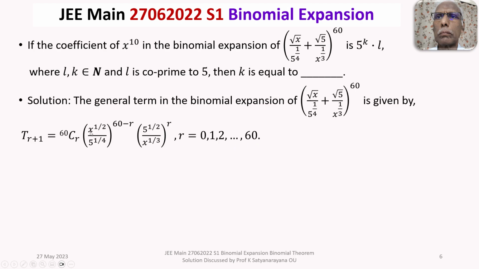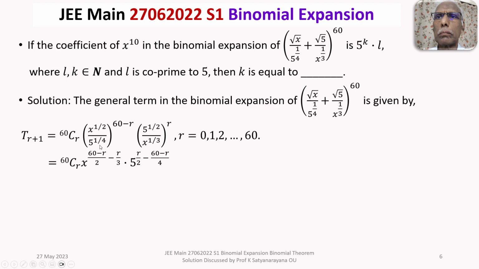Now let us collect the powers of x. This will be equal to 60 C r into x to the power of (60 minus r) by 2, into, from here, 1 by x to the power of 1 by 3 to the power of r, that will be x to the power of minus r by 3, into 5 to the power of r by 2 from the second term.